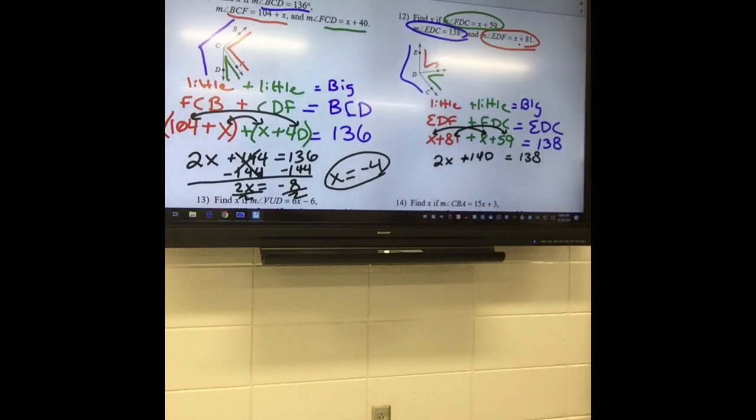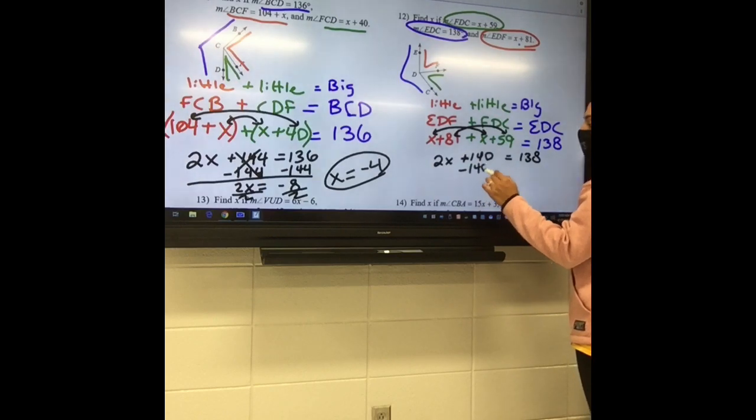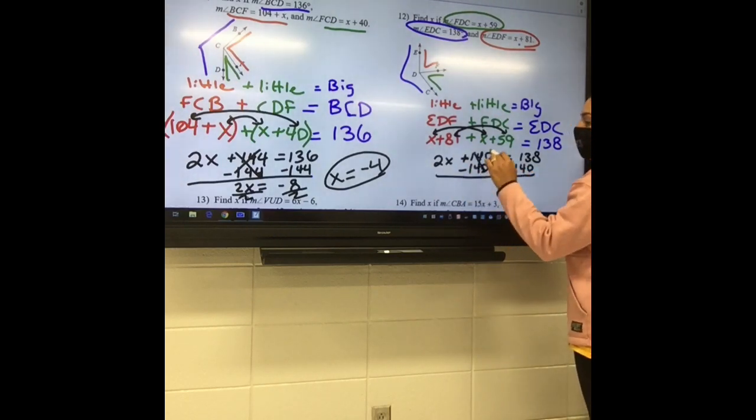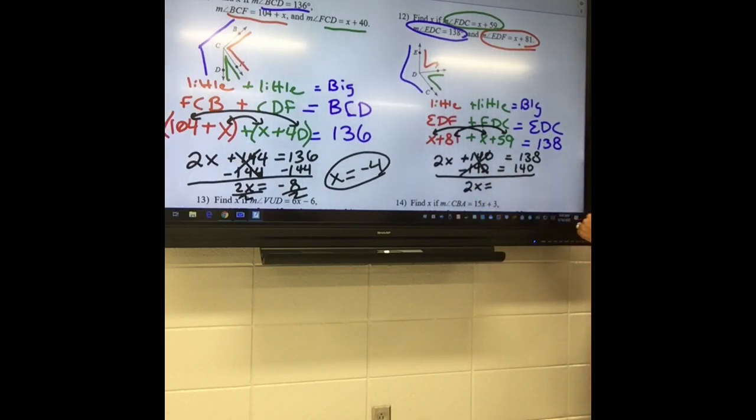Subtract the 140 from both sides. The 140 is crossed out, so I got 2x equals, what's 138 minus 140? Negative 2. So now I got 2x equals negative 2.